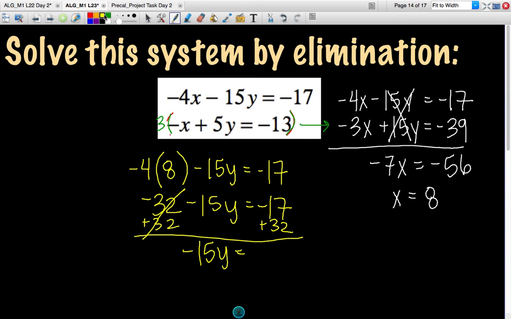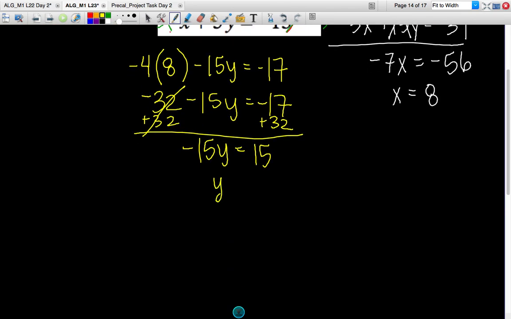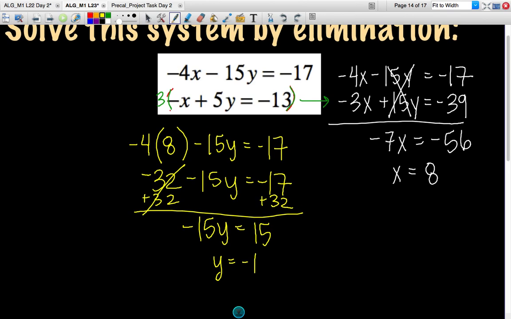Negative 17 plus 32 is 15. Divide by negative 15 on both sides. Y equals negative 1, which means our solution is 8, negative 1. So again, if you decided to multiply the bottom by negative 4 to make it a positive 4x on the bottom, you would still get the same solution.